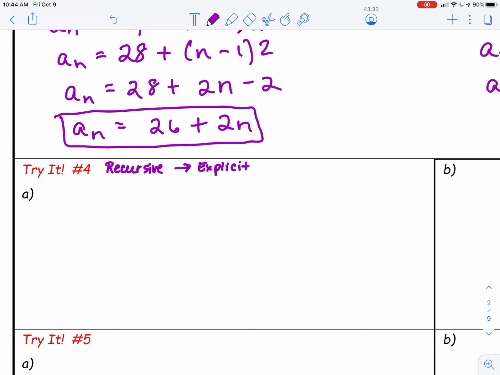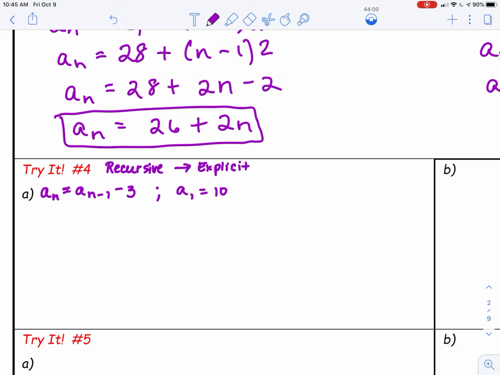It wants us to write an explicit formula for each arithmetic sequence. So we're given the recursive formula for letter A. It starts off like this. This is the recursive formula. And we are told that the first term, remember I said in a recursive formula, we always figure out, or will be told what the first term is.